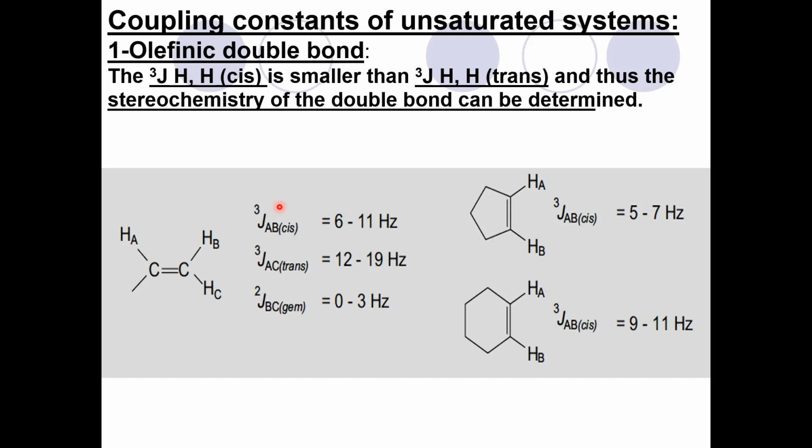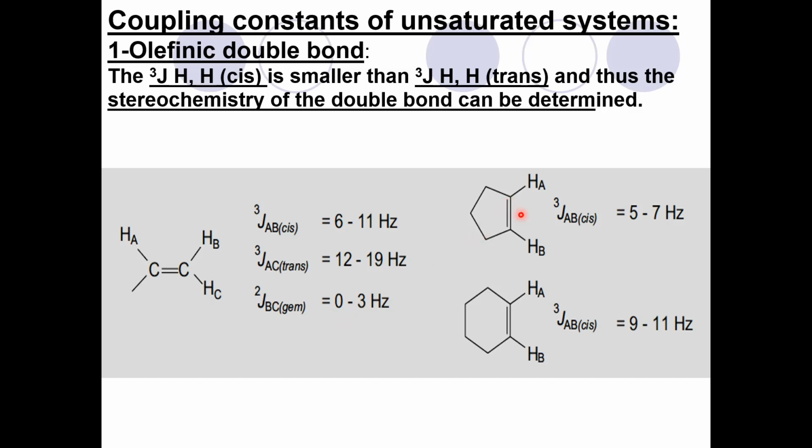This means that the coupling constant can determine the configuration of the double bond, whether cis or trans. An additional coupling constant is for the 2 protons on the same carbon, B and C. This is a geminal coupling constant, 2J, because 2 bonds are separating these 2 protons, and its value is small, from 0 to 3 hertz.